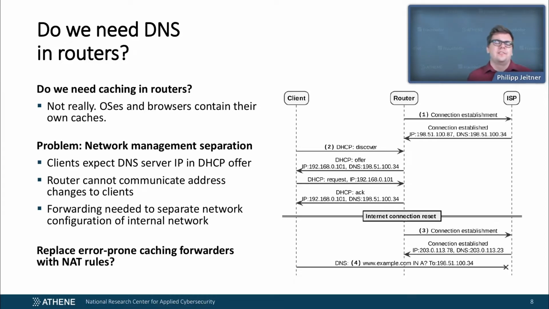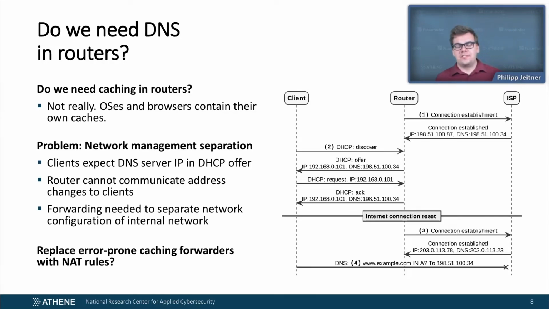DNS in routers provides two functionalities. The first one is caching, which is typically used to improve performance. However, we found that caching is not really needed in routers anymore because most clients contain caches of their own. Operating systems typically include a DNS cache, and all browsers also contain DNS caches.